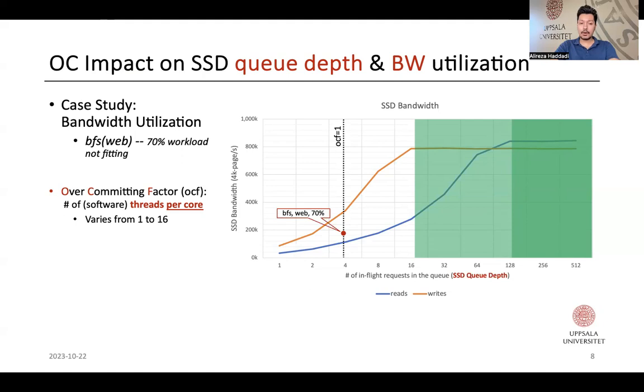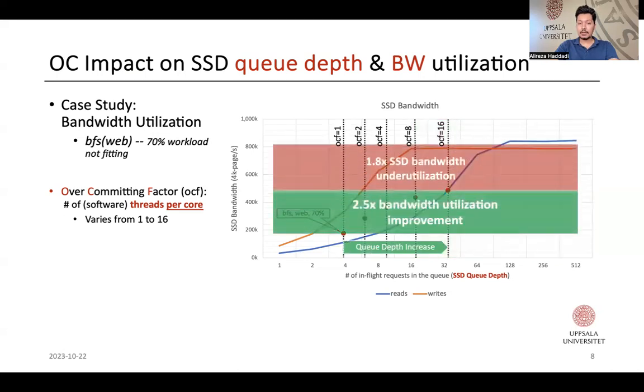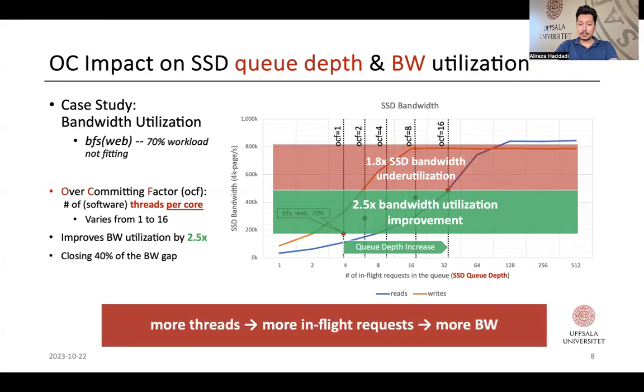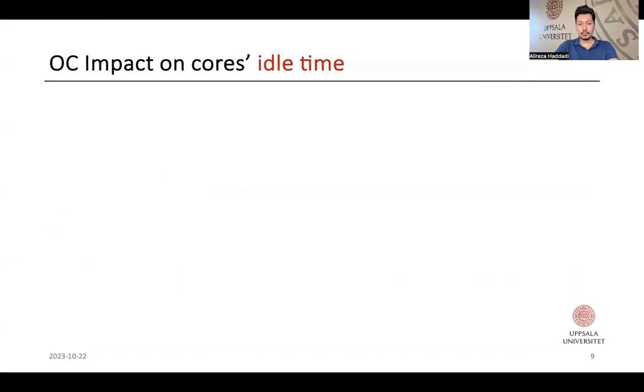However, if we overcommit threads, we can increase the SSD queue depth, and in turn, we can decrease the SSD bandwidth underutilization. So, in other words, we improve the bandwidth utilization by 2.5x for this particular case study, and we close the bandwidth gap by 40%. So more threads lead to more in-flight requests, which in turn leads to more bandwidth.